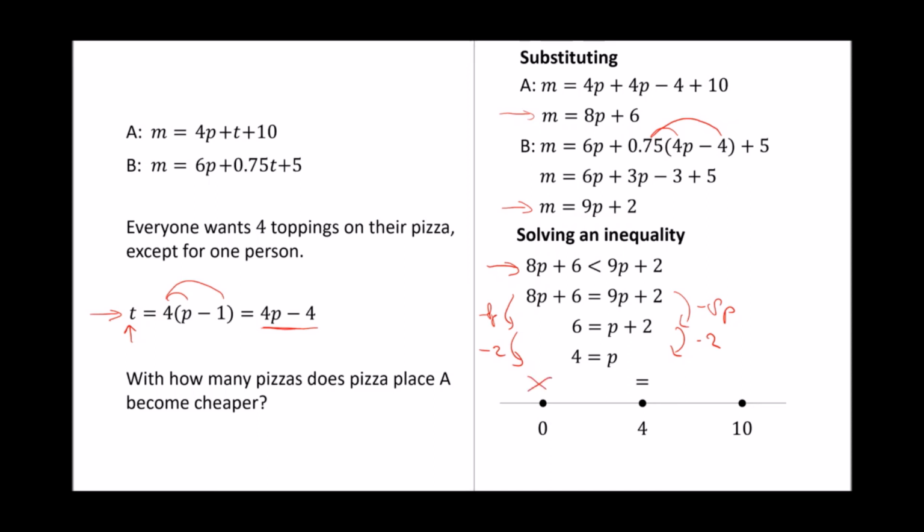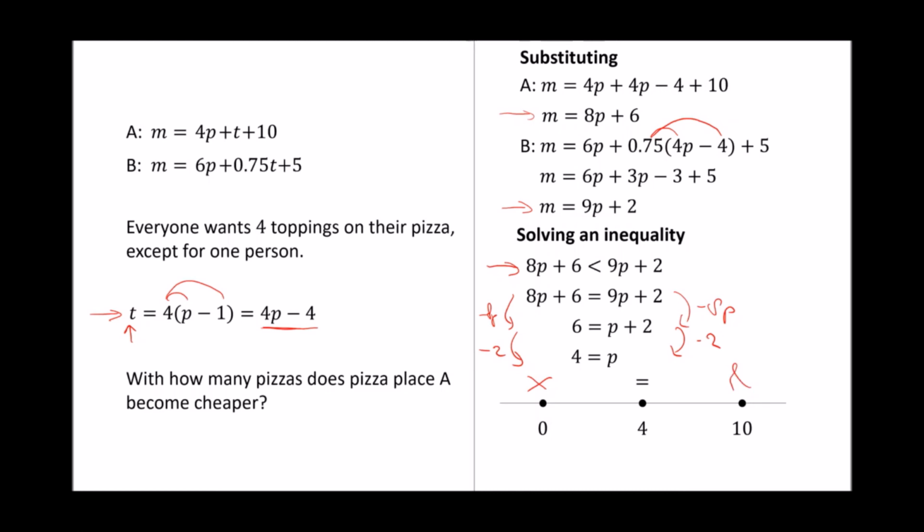If, however, I fill in 10, then I get 8 times 10 plus 6, that's 86, is smaller than 9 times 10 plus 2, that's 92. So 86 is smaller than 92, and would you know it, that is correct.